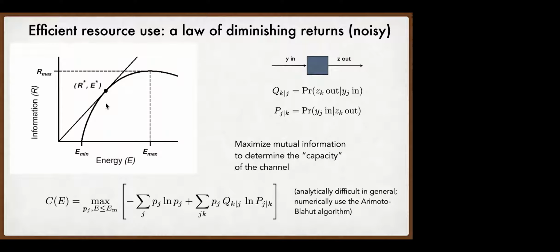Okay, so we should do this a little bit to deal with real neurons. You would need to do this a bit more seriously because there's noise. So you have some input, you have some output. What's more, the output, as we said earlier, may have a smaller bandwidth than the input. There may be fewer output possibilities, symbols, than the number of inputs. So really, what you should write down is a probability distribution for which outputs you get given different inputs, or you can reverse that and say what is the probability of the input given the output.